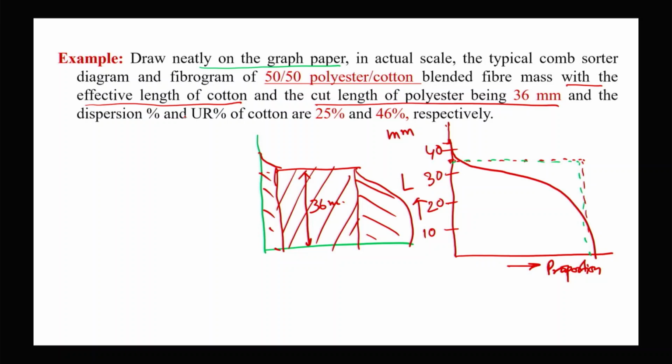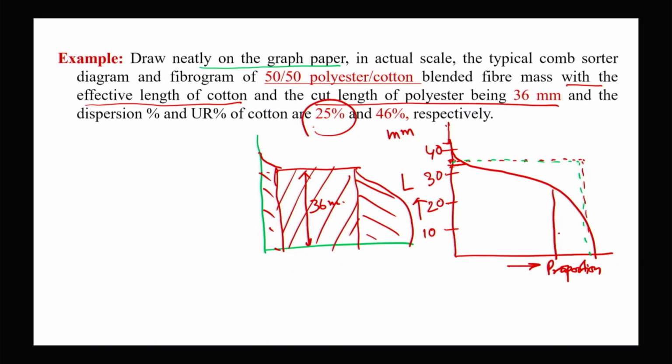Okay, and the dispersion percent. When we draw the comb sorter diagram, what do we have to take care of also? The dispersion percent. So here is the effective length, and the upper quartile part should be 25%.